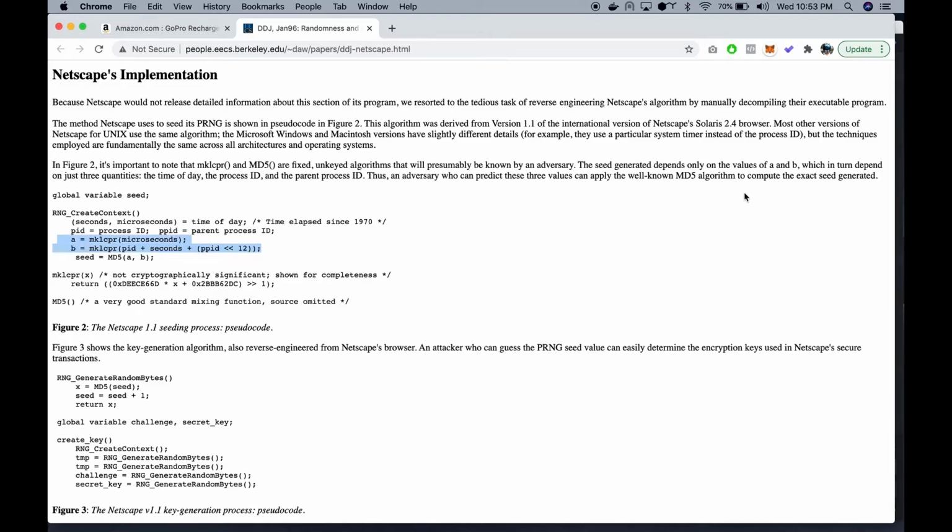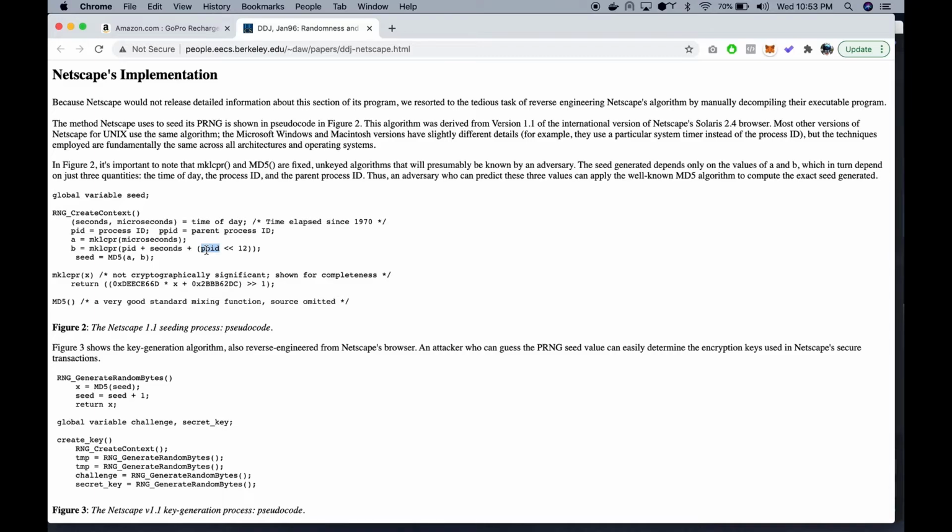And the values of A and B depend on what? They depend on the time of day, so the seconds and microseconds, the process ID, PID, defined right here, and the parent process ID, right here.